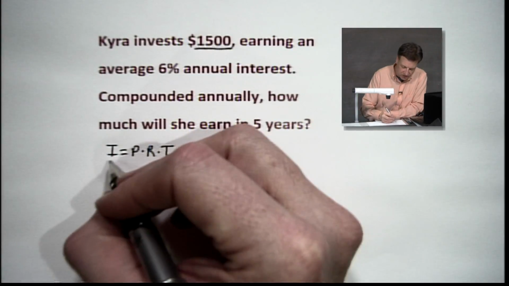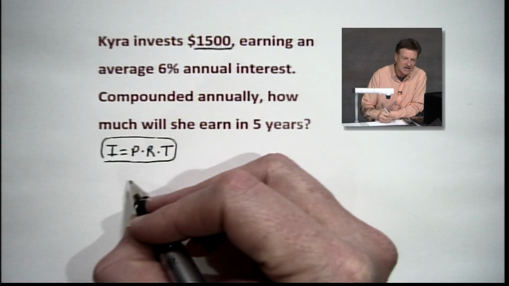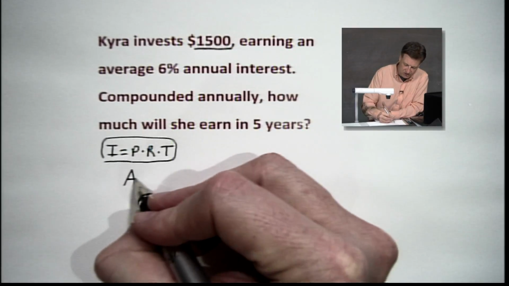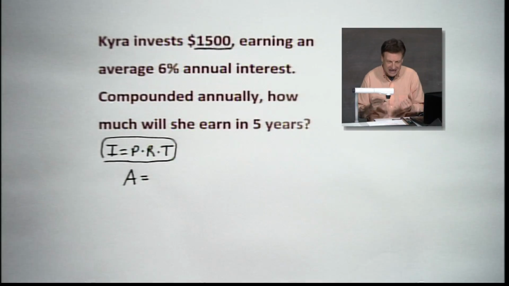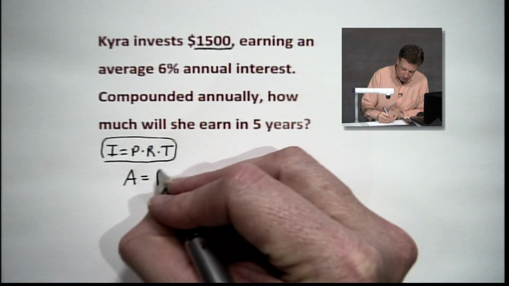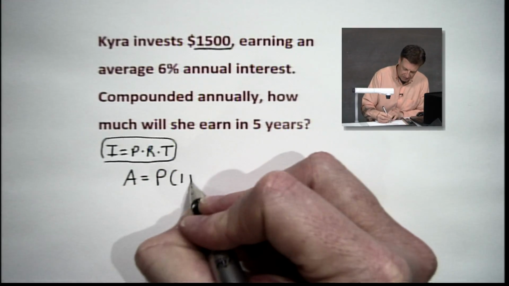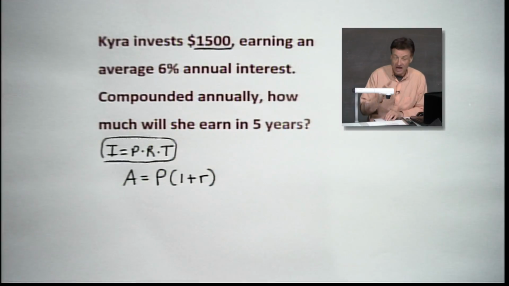So we're going to change the format a little bit here, and we're going to take it as follows. We're going to say A, which is going to be the amount of money she has, interest plus her investment. And we're going to take that principal, which is what she started with, and multiply it times 1 plus the rate. That's a decimal.